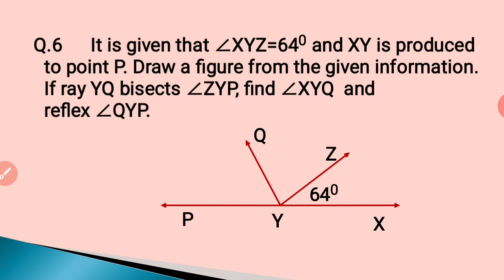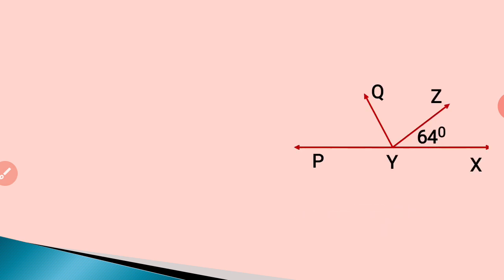Find angle XYQ and reflex angle QYP. So let us start with the solution. This is the given part. Angle XYZ plus PYZ, these are angles in a linear pair.